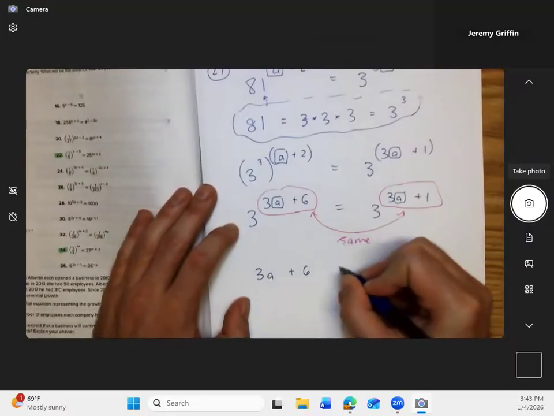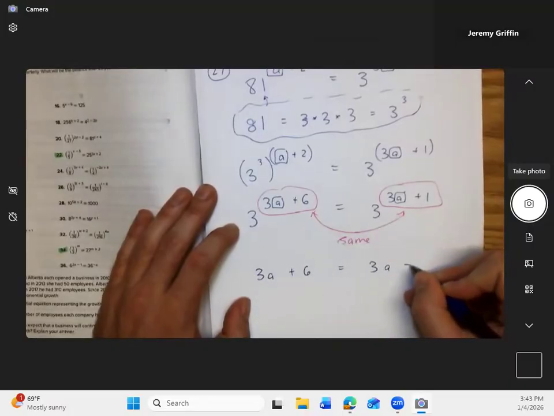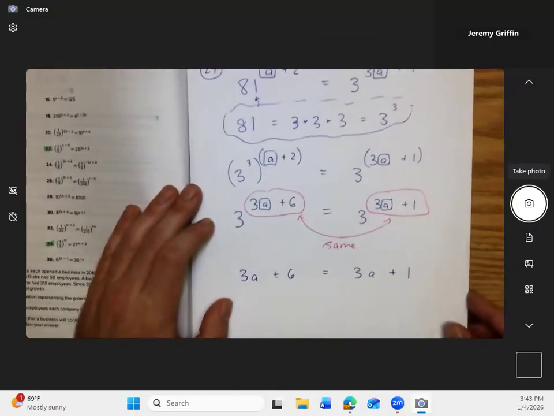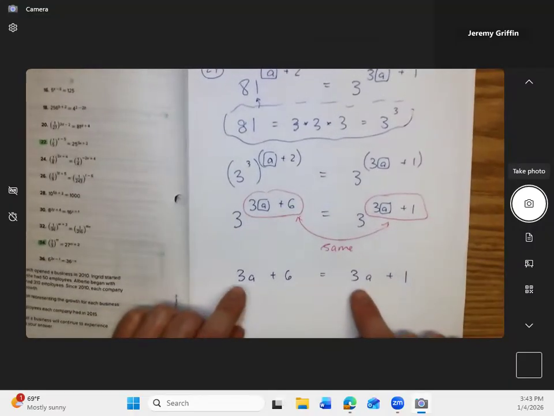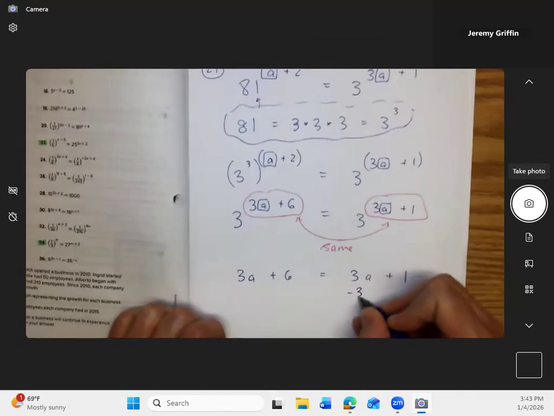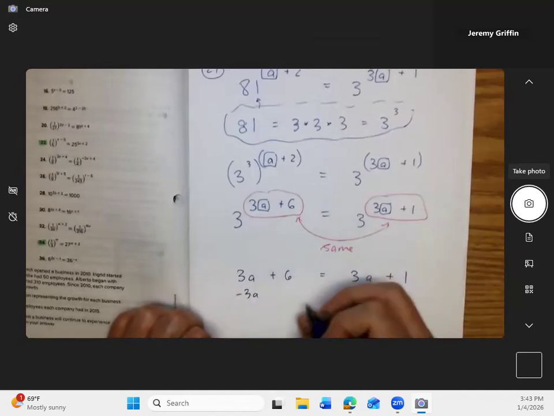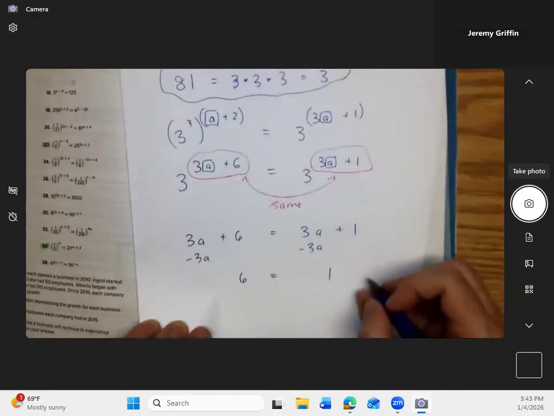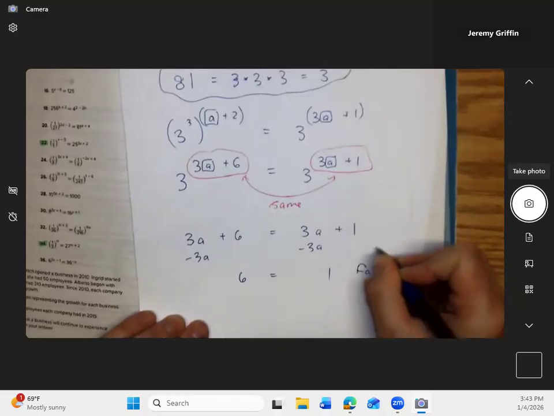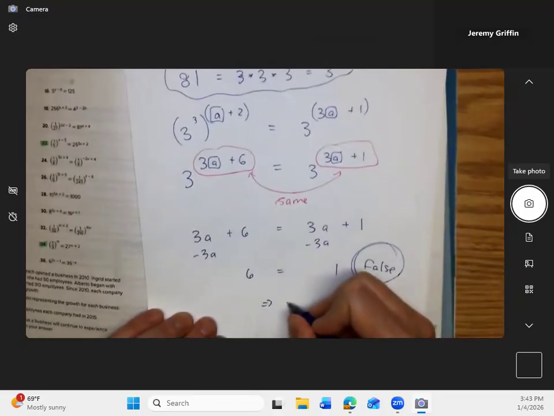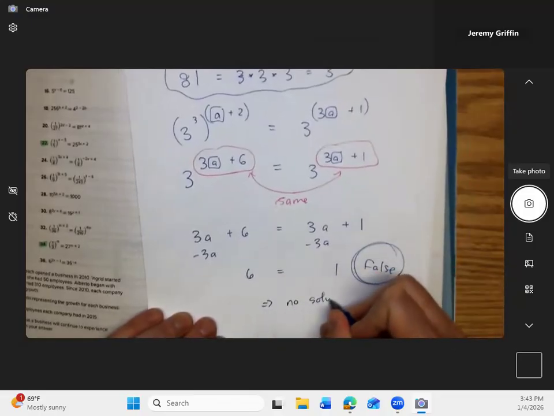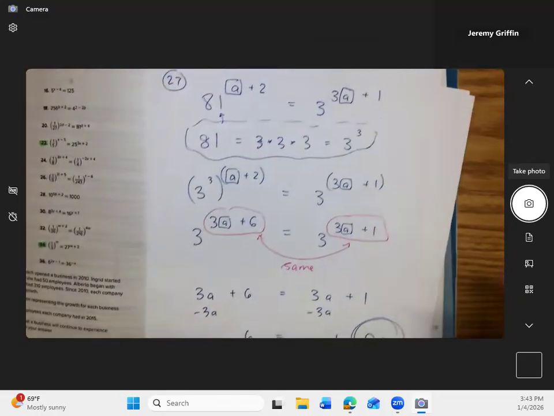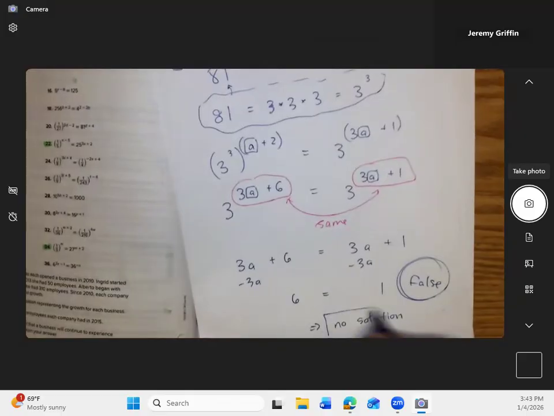You guys see we're going to run into a little issue here. If I subtract 3a from both sides, you see I end up with 6 equals 1, which is false. Which means there's no solution. There's nothing you could ever plug in for a in the original statement to make that true. The answer is no solution.